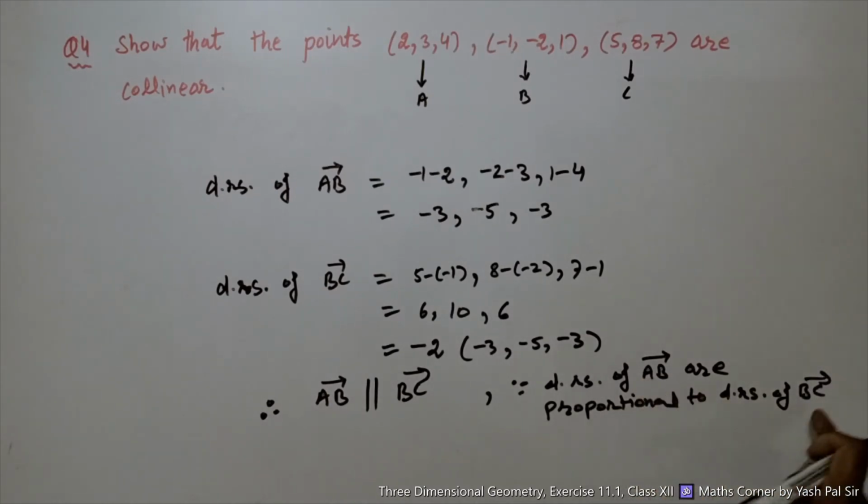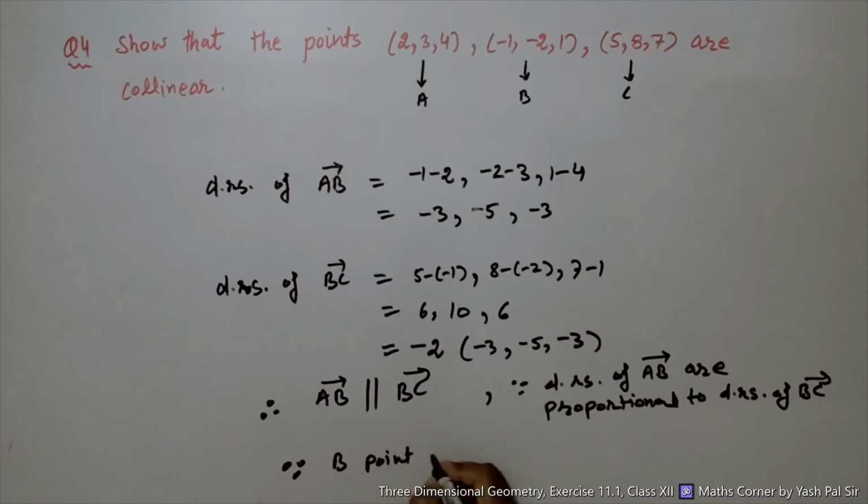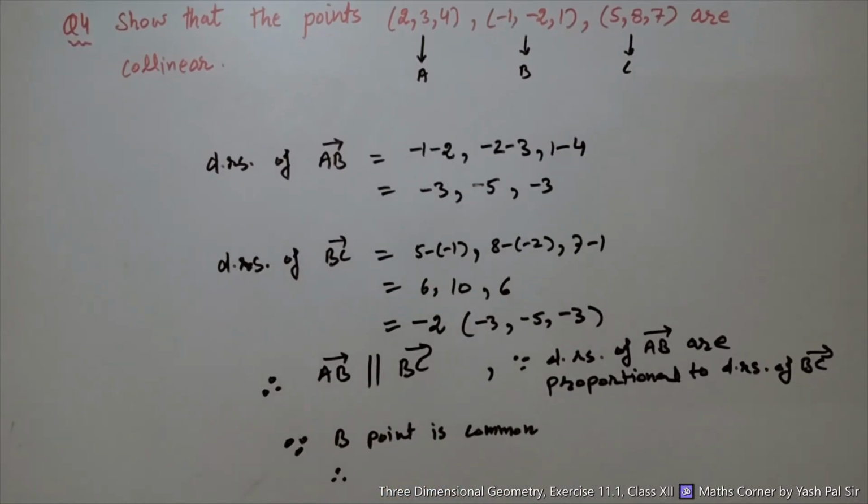But the thing is, point B is common, so these two lines cannot be merely parallel. They lie on the same line, because point B is common. What we can say? A, B, C, these 3 points are collinear.